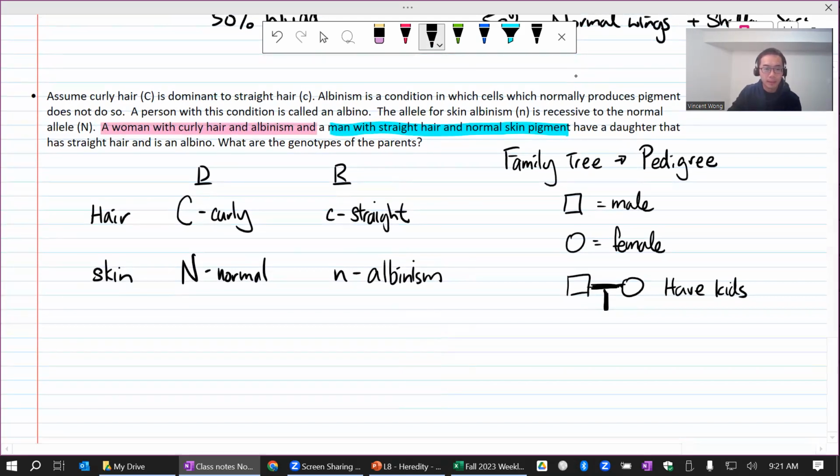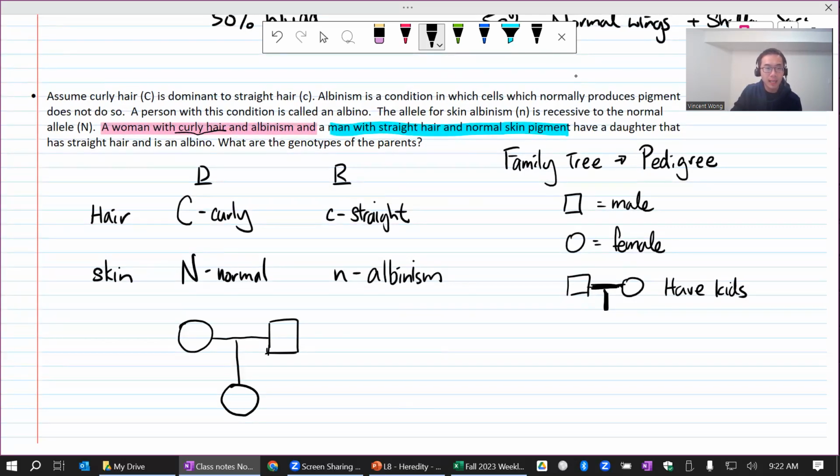So in this situation, we have the woman, circle, and the man, and they're going to have a daughter, so circle. What's up with the woman? The woman has curly hair.